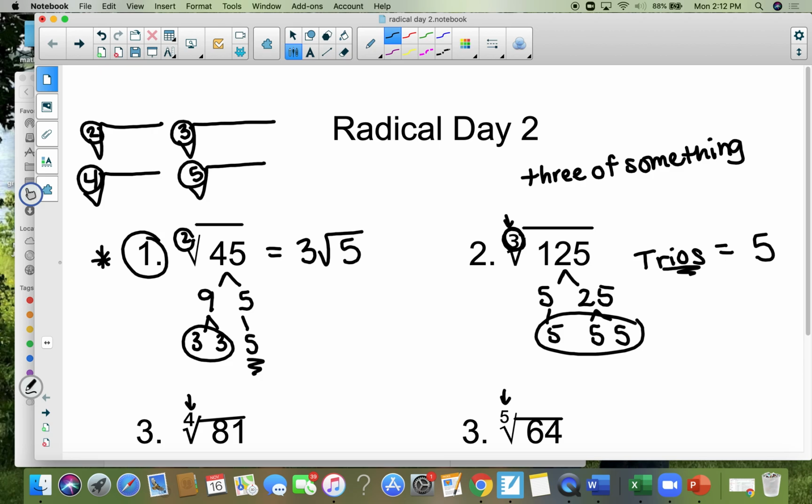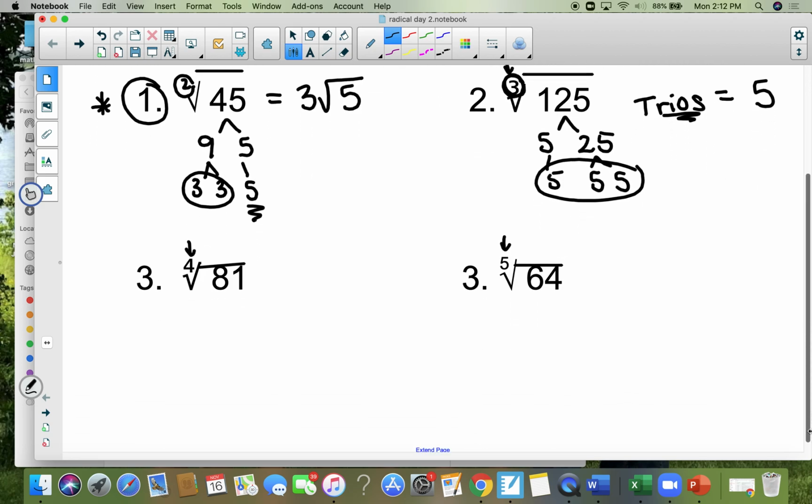And then we're going to do the same thing for this one down here. The 4th root of 81. The 4th root of 81 is 9 times 9 is 81. The 9s make up a 3 and a 3 and a 3 and a 3. And this little 4 tells you that I need to look for 4 of the same thing.